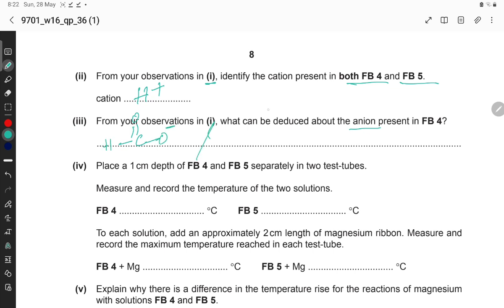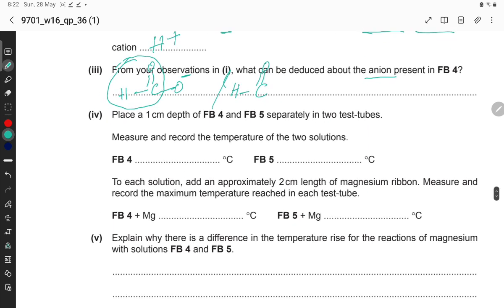Because methanoic acid can be further oxidized by using potassium manganate, and this is the aldehyde group, so it can be oxidized.